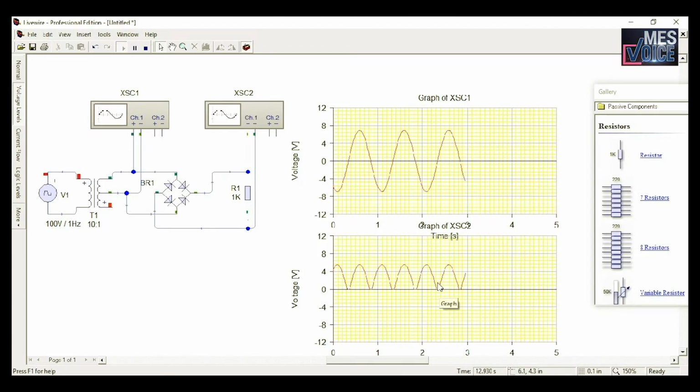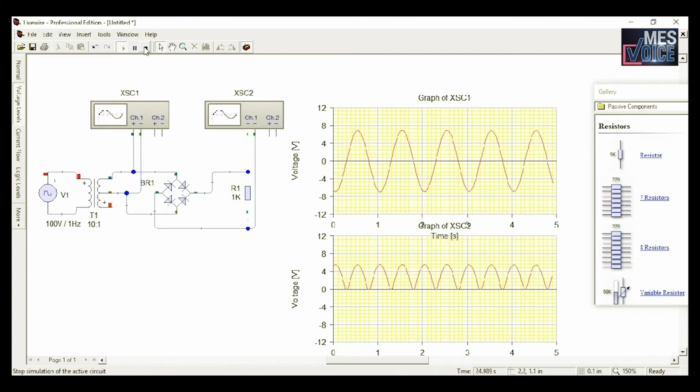The negative half cycle and the positive half cycle are present in the output waveform. This waveform is just like how a center tapped transformer behaves.